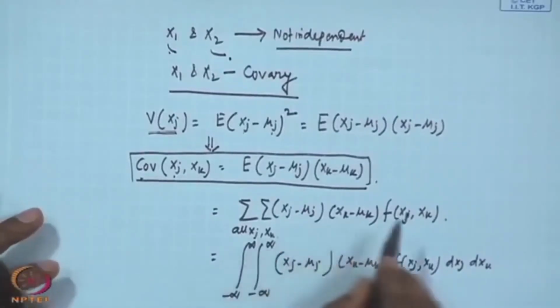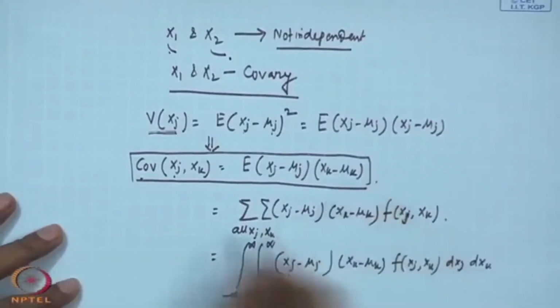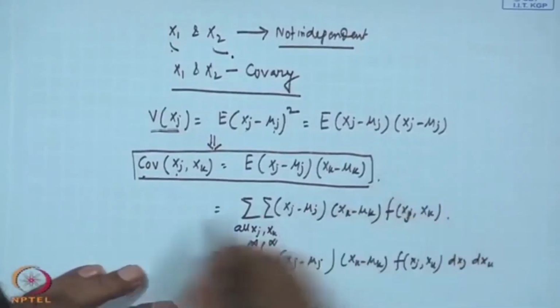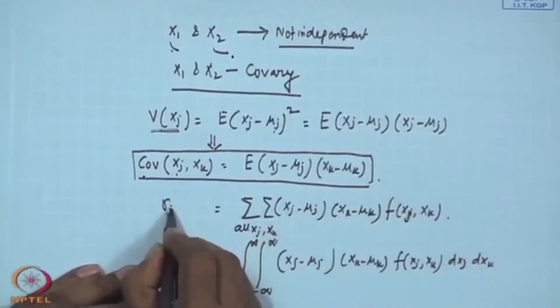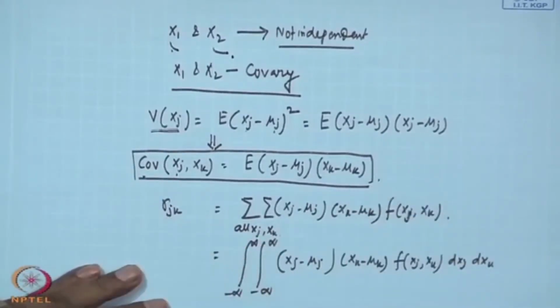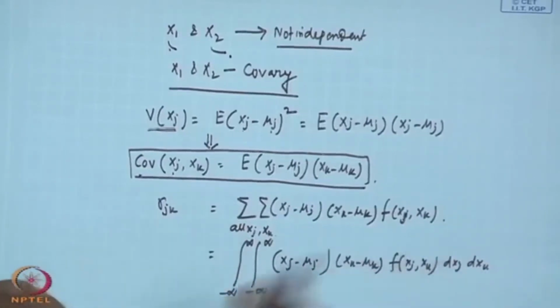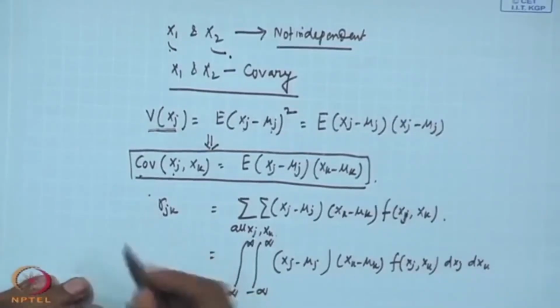What is the notation for this? We will use the notation sigma j k. Keep in mind, we have used sigma j for standard deviation, sigma jj for variance, and sigma jk for covariance.